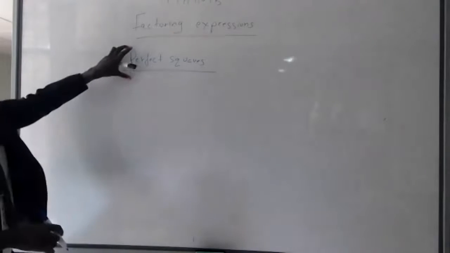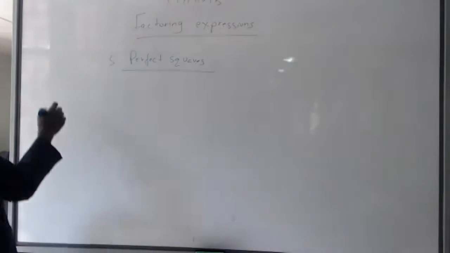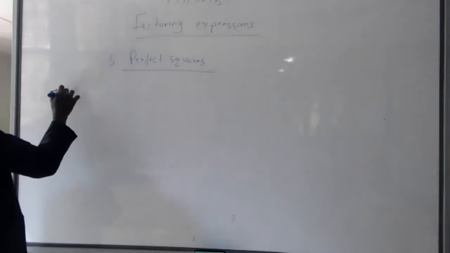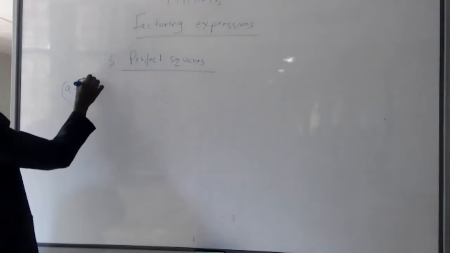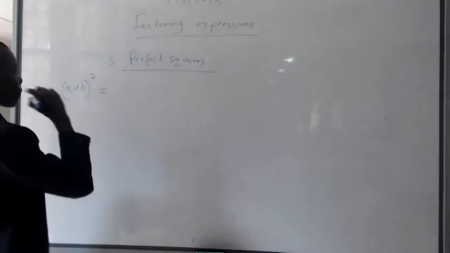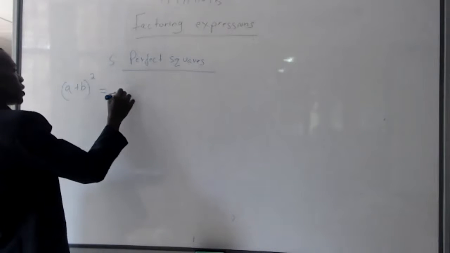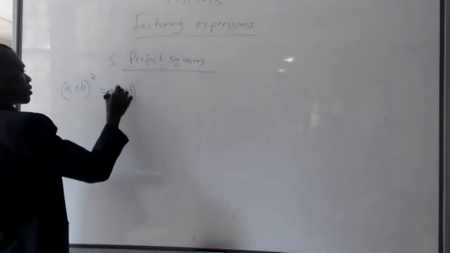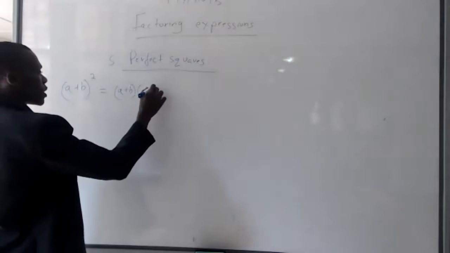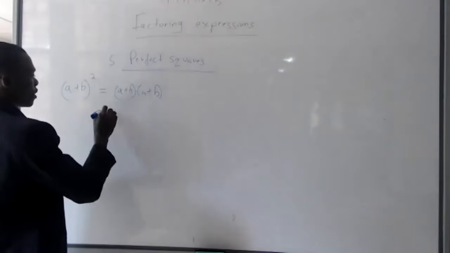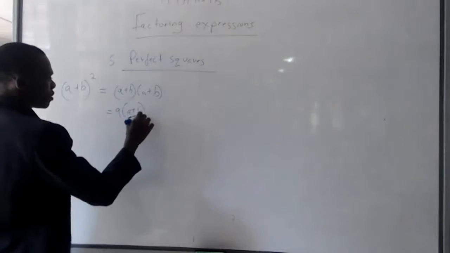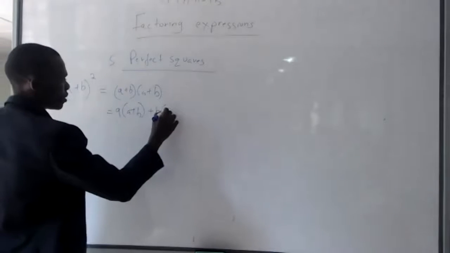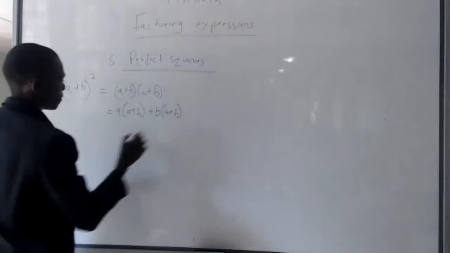Before defining a perfect square, I would like us to work out the following. a plus b squared. This is going to be a plus b times a plus b, which is a times a plus b plus b times a plus b.